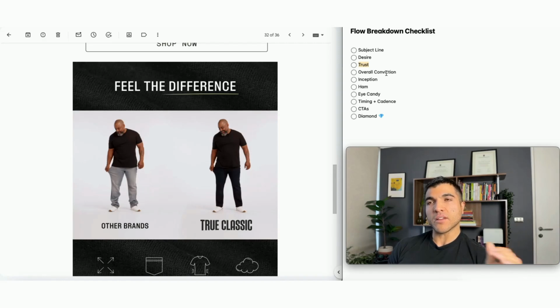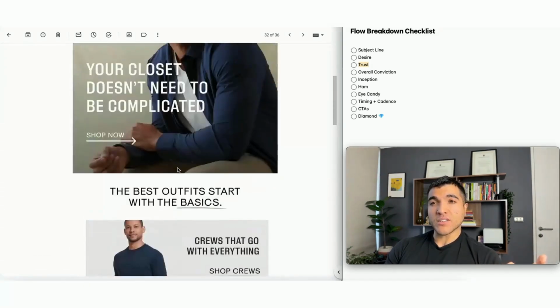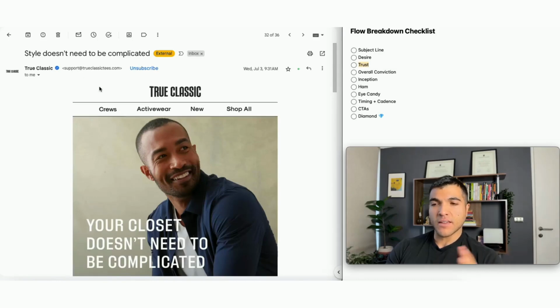For other people, the conviction threshold is higher. You need to inject more desire and more trust to get them to buy. So I'm missing the desire part, and on the trust side, getting people to trust us. First of all, that we are not scammers on the internet, because of the reputation True Classic has and the money they spend on advertising, they cover that.